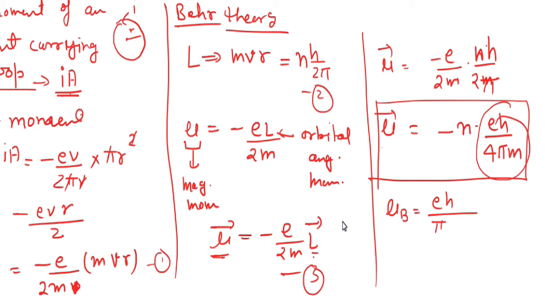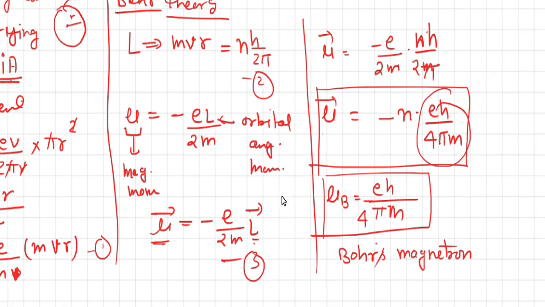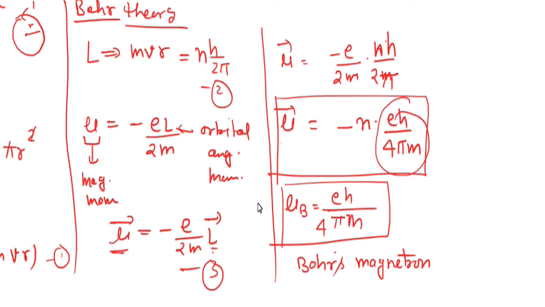So this term is called Bohr's magneton, and the value of this term, if you calculate, you put the charge of the electron, Planck's constant, the value of pi and the mass of the electron.